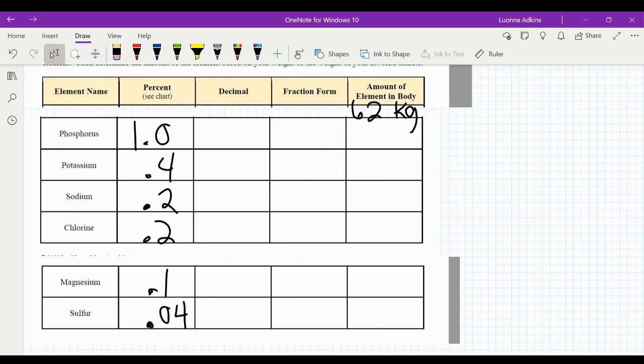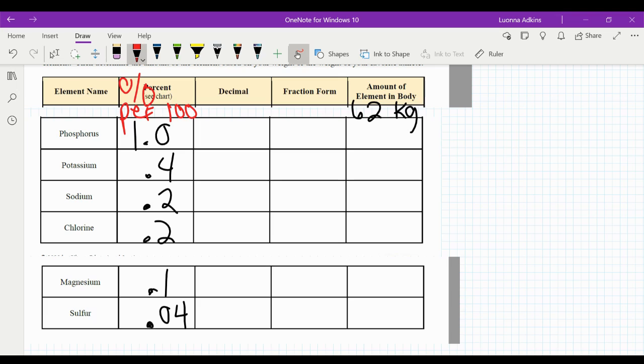I've taken the liberty of transcribing the percentages from phosphorus to sulfur. If we're talking percents, I want you to know that percent means per 100 or out of 100. The way that we write the percent symbol is like this.